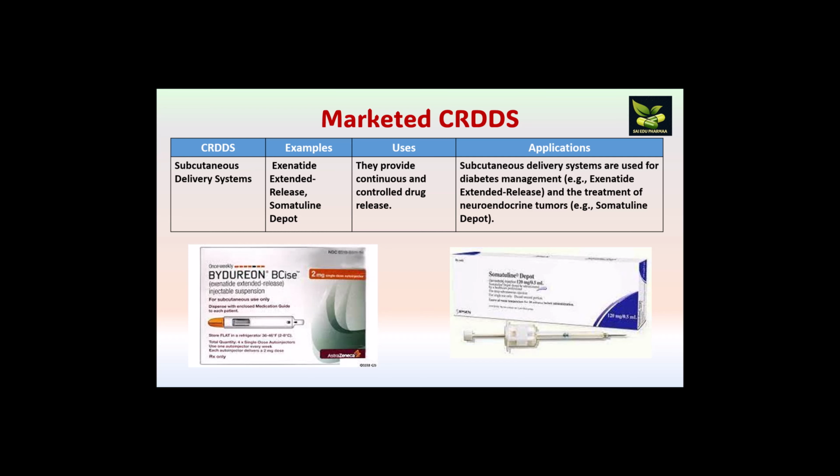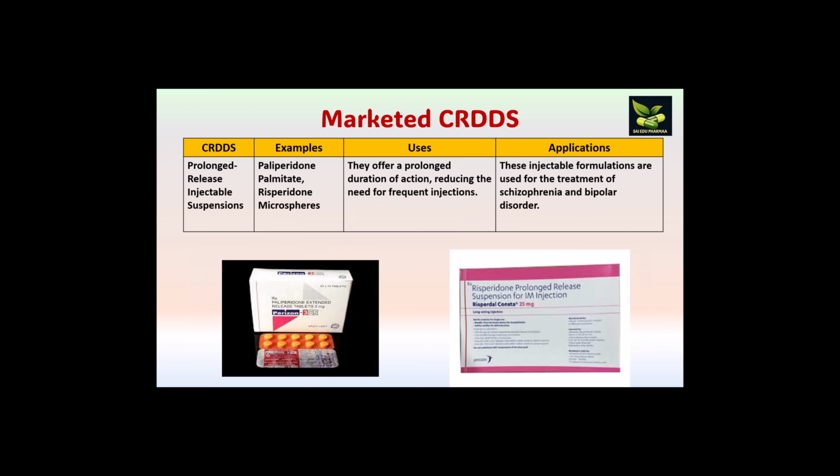They provide continuous and controlled drug release. Subcutaneous drug delivery systems are used for diabetes management, example Exenatide extended release, and the treatment of neuroendocrine tumors. Example is Somatuline Depot.